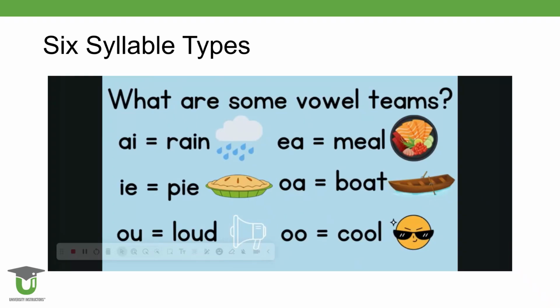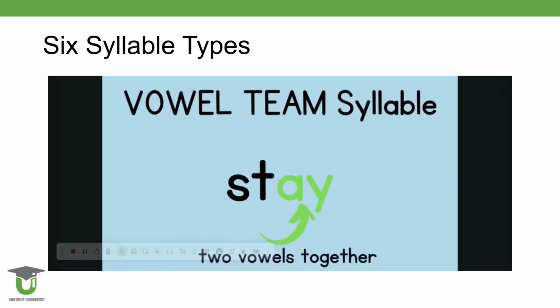Like AI in rain, or IE in pie, OU in loud, EA in meal, OA in boat, and even OO in cool. Stay is a vowel team too, because the Y is acting as a vowel. Sometimes Y and W act as a team with vowels too.